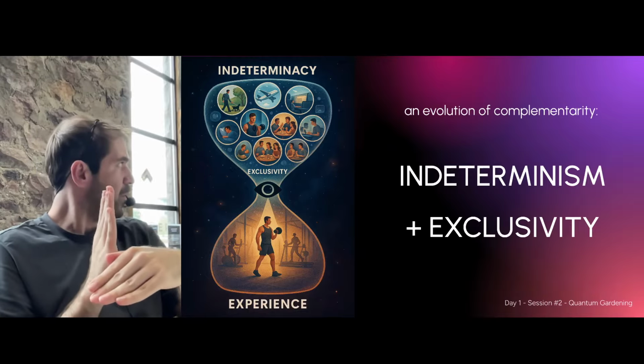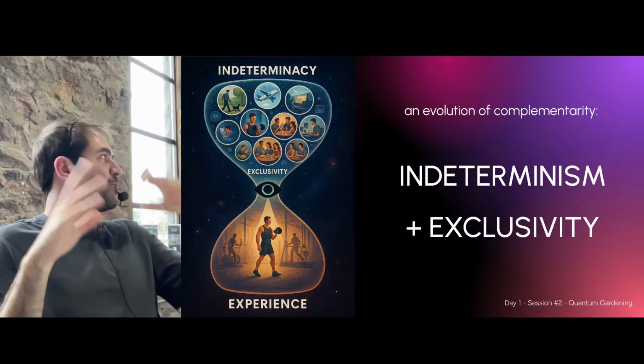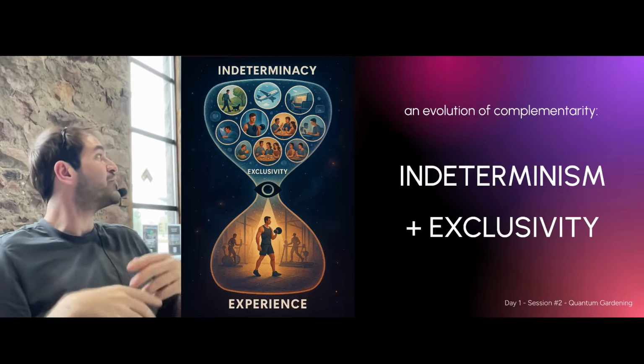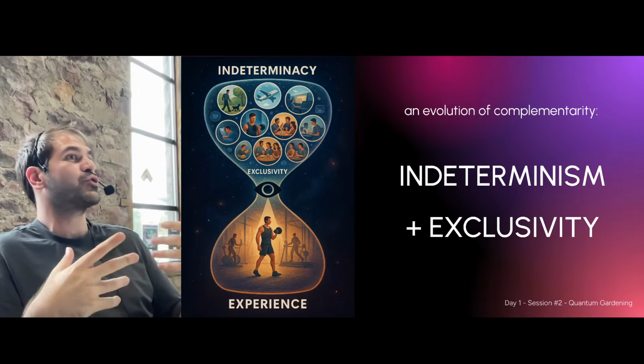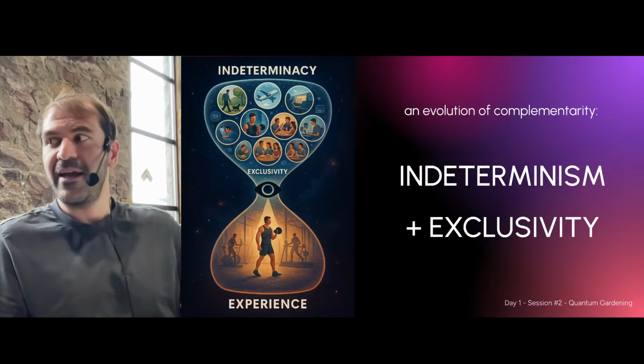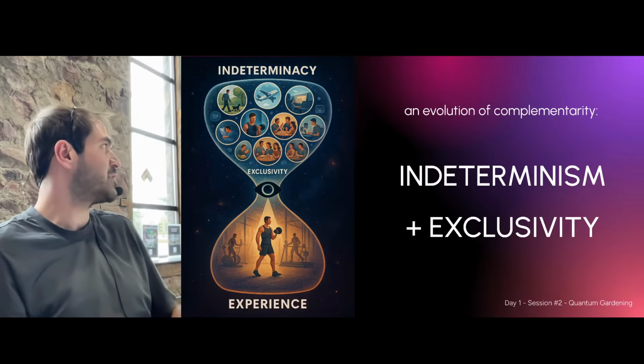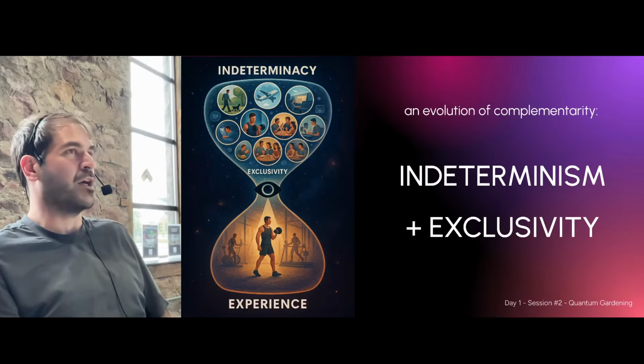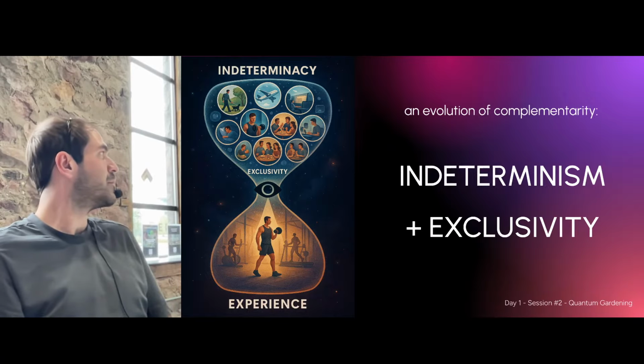on the vertical is infinity, is infinite potential, it's uncertainty, it's indeterminism, right? That's why the top of this hourglass has an infinite amount of possible experiences that consciousness can have right now.